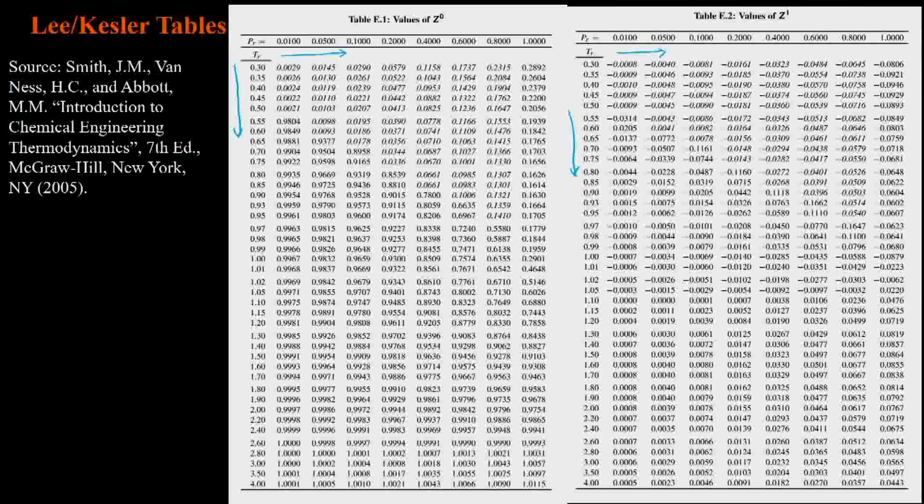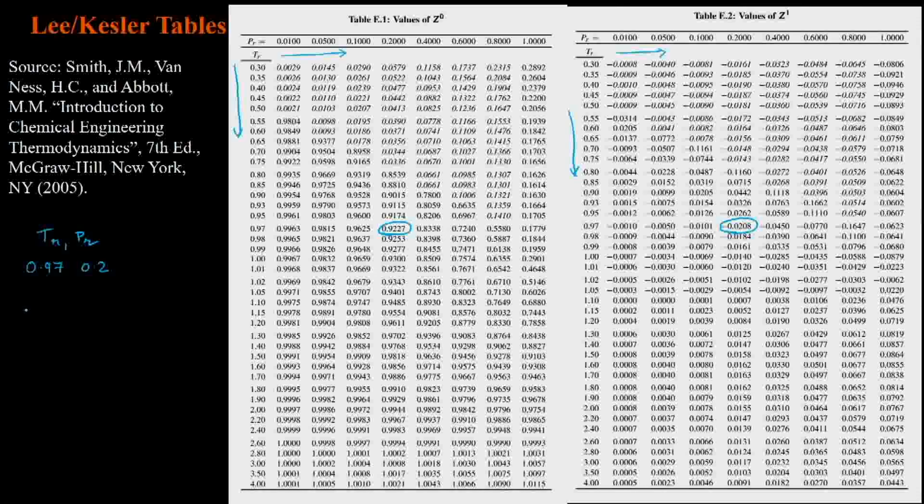So given a reduced condition TR and PR, right, for example, TR is 0.97, PR is 0.2, I can locate what the value of Z0 is going to be at 0.97 and 0.2. Similarly, I can locate what the value of Z1 is going to be at the same reduced conditions.